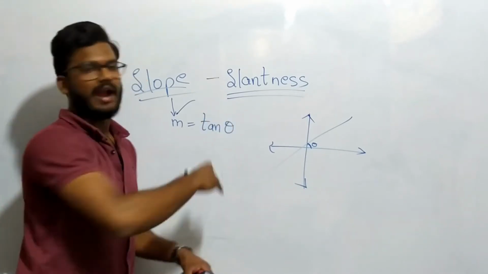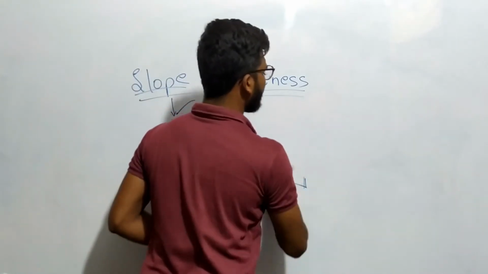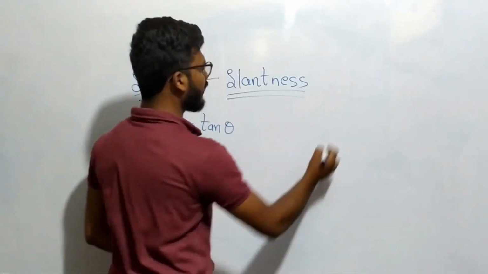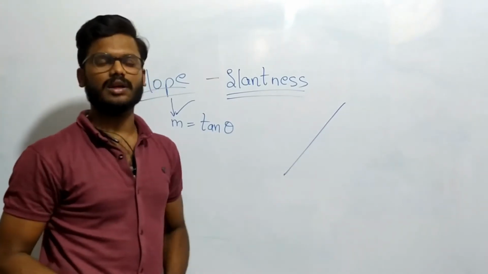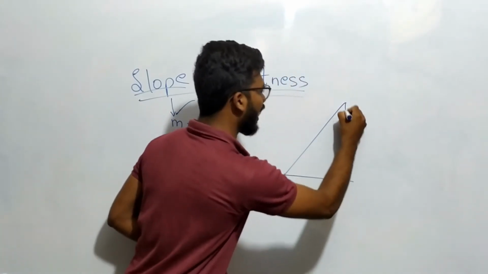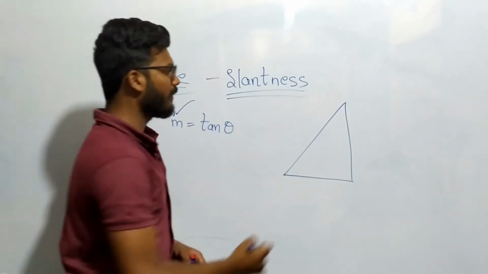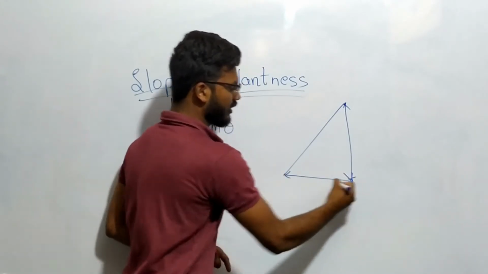Why are we taking tan theta here? Why are we taking the ratio tan? See, whenever there is any line, on which factors does it depend? It depends on the horizontal distance and vertical distance, right? It depends on these two factors. One is vertical distance and another one is horizontal distance.